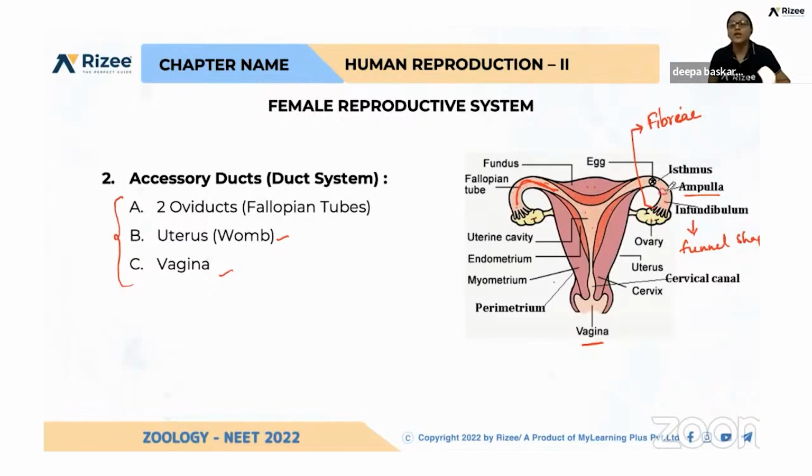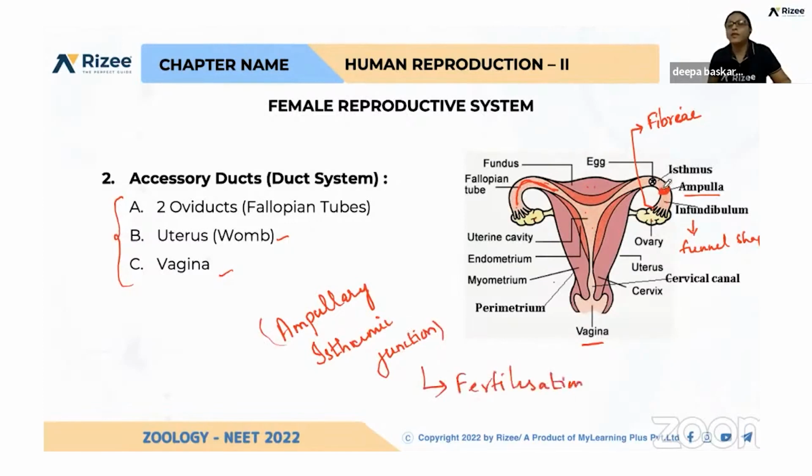A question you will definitely get: this is the part where fertilization, that is fusion of male and female gametes, takes place, in this ampulla. Generally it is called the ampullary isthmic junction. Okay, so this is the spot where the fertilization is happening.